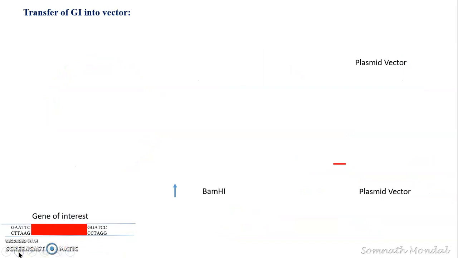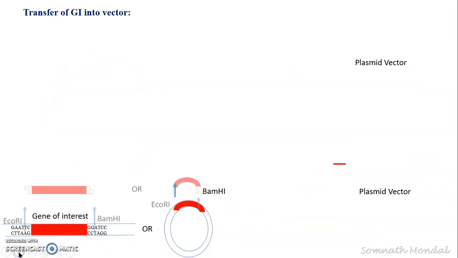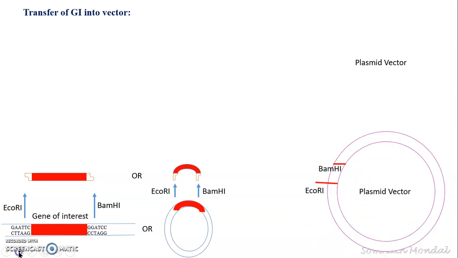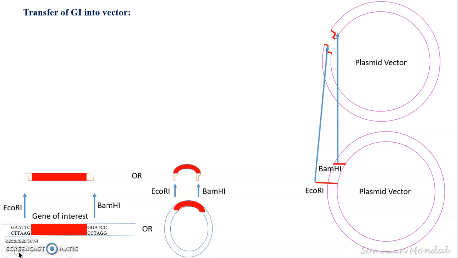Now, how can the gene of interest be inserted into a vector? Suppose the gene of interest is present within a linear DNA molecule or a circular DNA molecule. If it is flanked with EcoRI and BamHI restriction sites, for example, our plasmid DNA molecule has to be cut with the same set of restriction enzymes to cut it open.